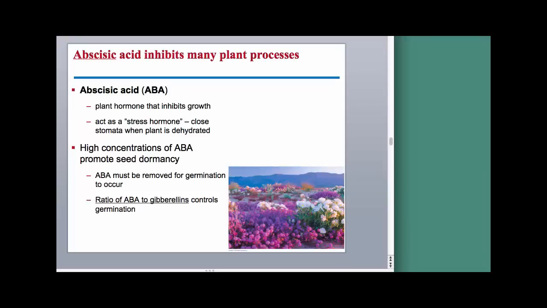Well, it turns out that ABA is present in very, very high concentrations, and the plant will actually have to counter that with high levels of gibberellin in order for the plant to actually germinate from the seed. So what we look at is a ratio always of these antagonistic hormones. So the amount of ABA compared to the amount of gibberellin will actually control when a seed germinates.